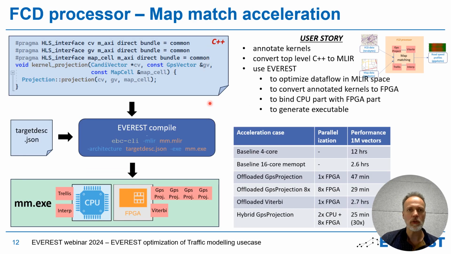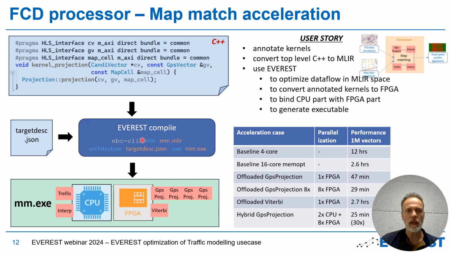Let me still go deeper into showing the EVEREST optimization with the FCD processor. In the original C++ code, we can annotate the functions to be offloaded to FPGA with a pragma syntax. Then we use command line interface of EVEREST compilation, here a bit simplified, which is given the architecture information and which will do the job.